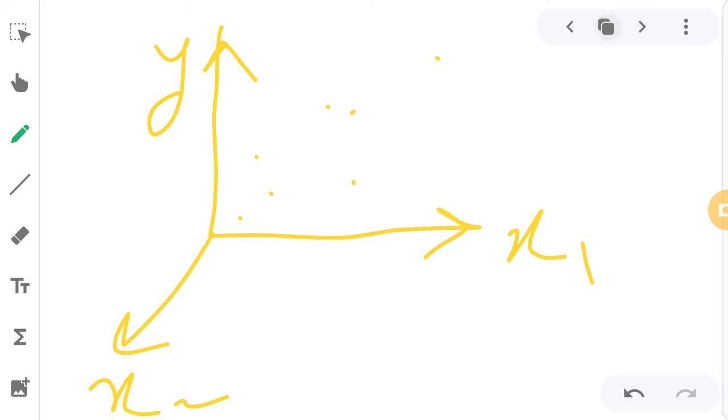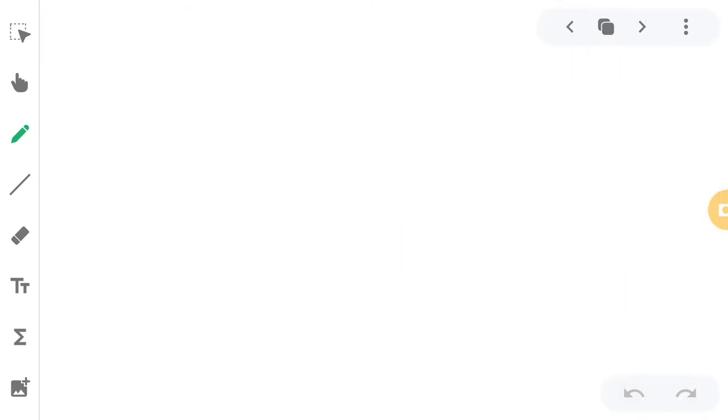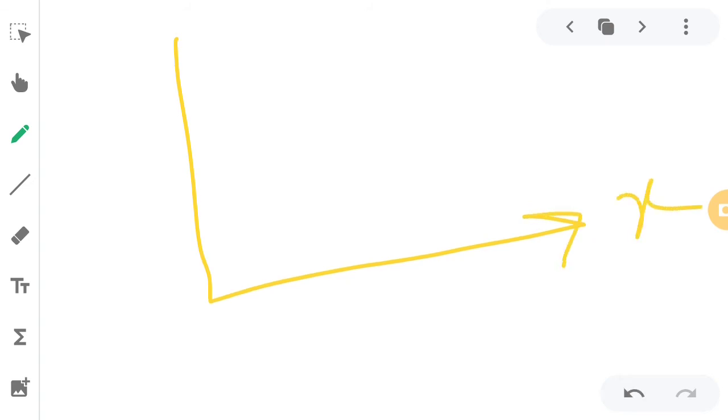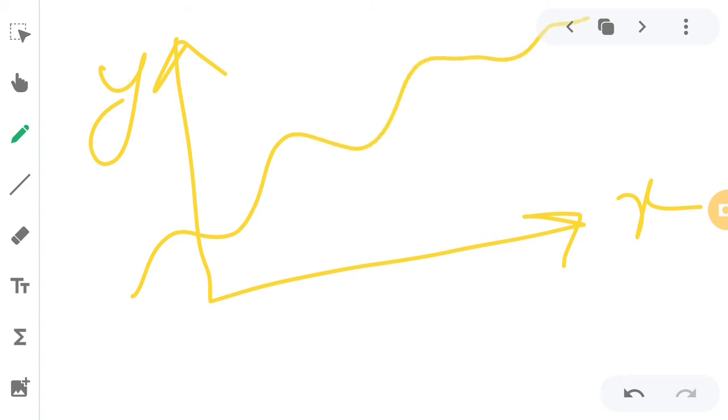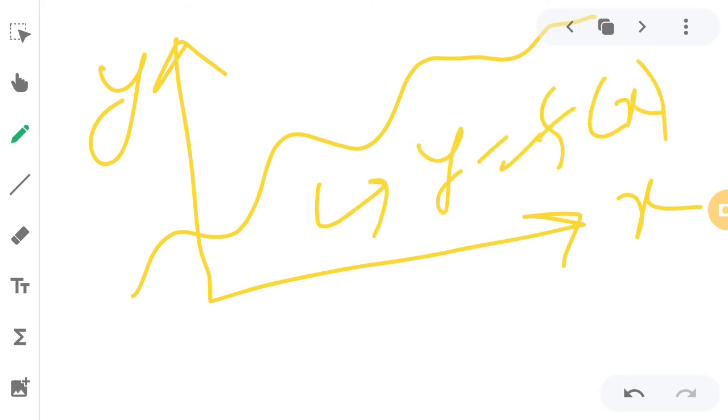Or suppose this is x, this is y, and this is a linear regression equal to f(x); here you can't apply the direct formula.